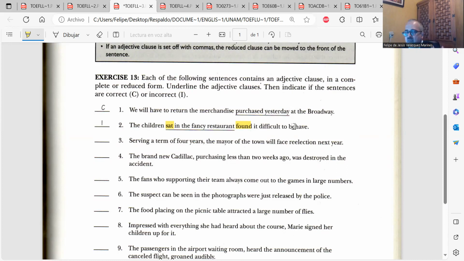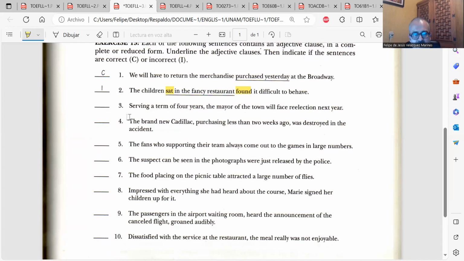But since we are studying reductions, how can we reduce that sentence? The children who sat, we eliminate who. We don't have auxiliary verbs, but the children are doing the action. So we have to transform it to ing. So we say the children sitting in the fancy restaurant found it difficult to behave, okay?